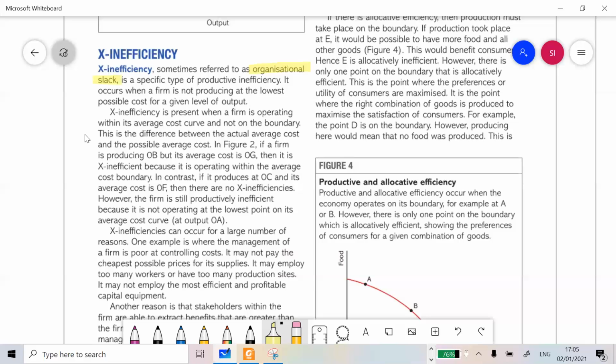X inefficiency is present when a firm is operating within its average cost curve and not on the boundary. So here we are looking at the difference between the actual average cost curve and the possible average cost curve.